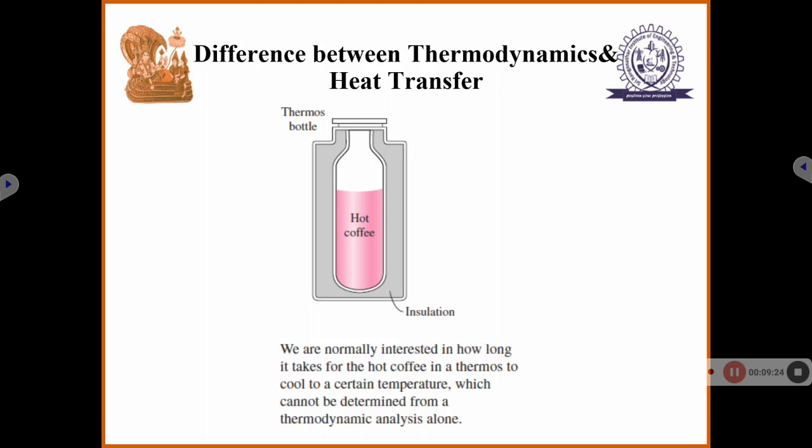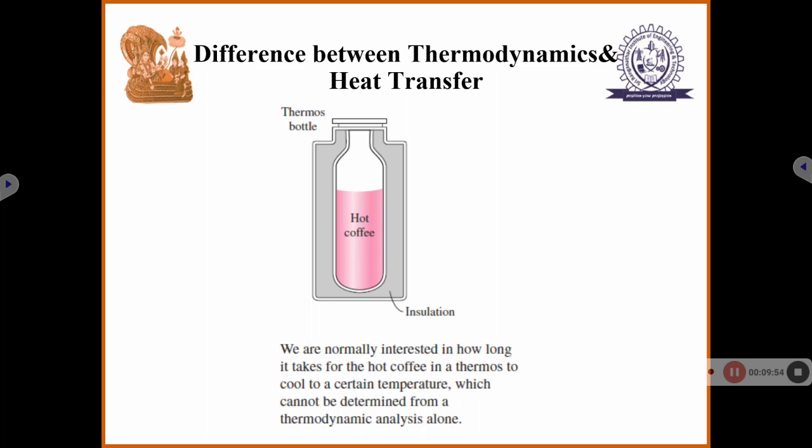Now, what is the difference between thermodynamics and heat transfer? You may be wondering why we need to take a detailed study on heat transfer. After all, the amount of heat transfer can be determined as the system changes from one equilibrium state to another equilibrium state by thermodynamic process alone.